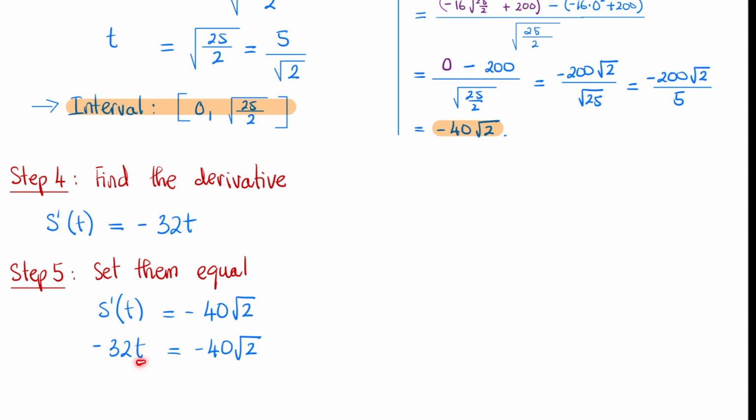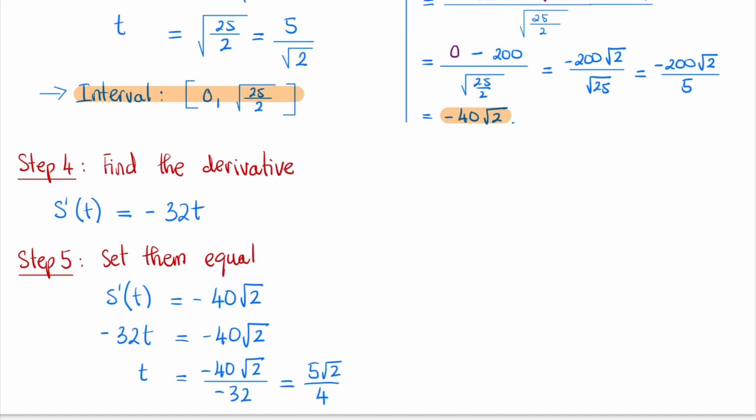To solve for t, I divide both sides by negative 32. And negative 40 over negative 32 is 5 over 4. So I have 5 times root 2 over 4. So when t equals 5 times root 2 over 4, the instantaneous velocity equals the average velocity.